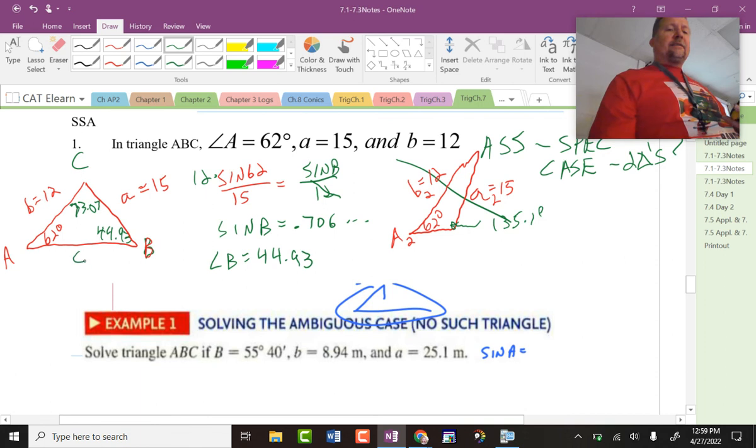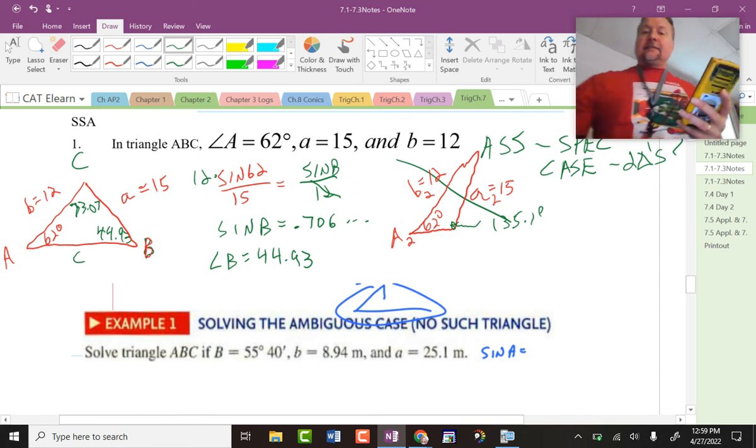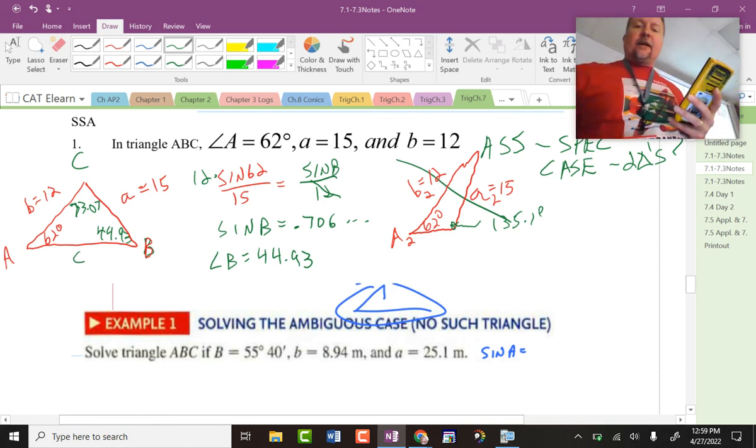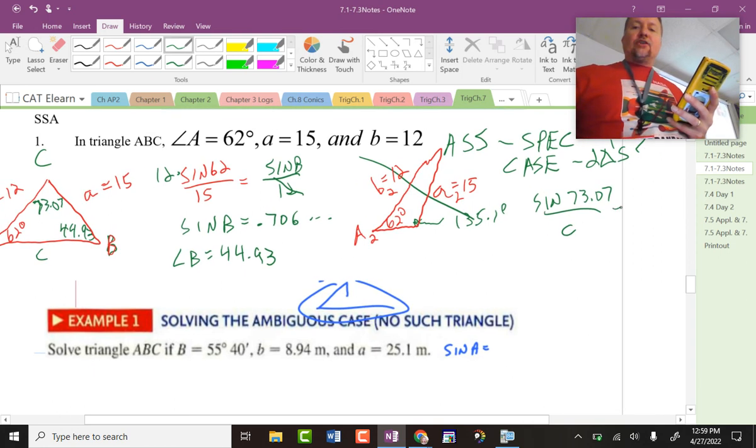Then you just have one more thing to solve, side C. Side C is the law of sines. Again, since this triangle doesn't exist, I'm going to put my work over here. Sine 73.07 divided by C, going to be a little off the page, equals that given sine 62 over 15.